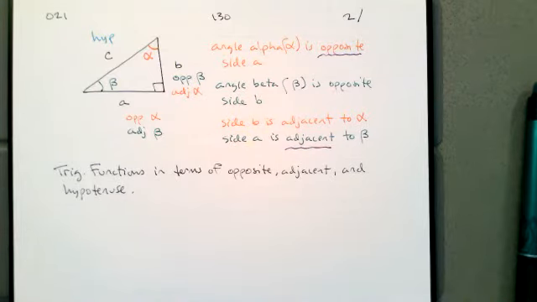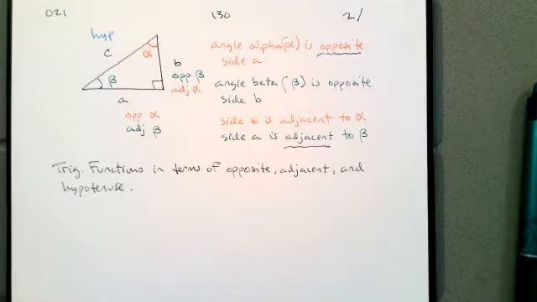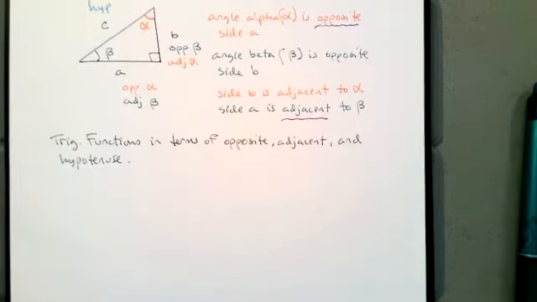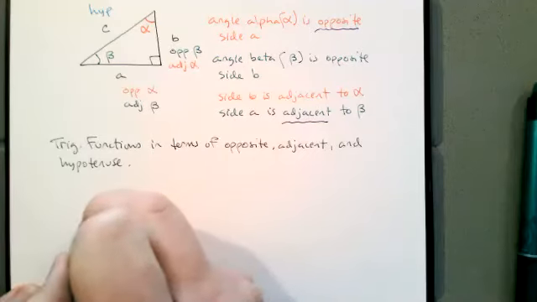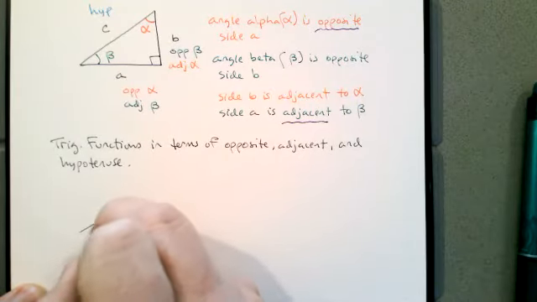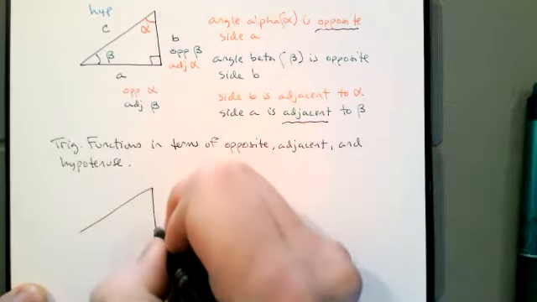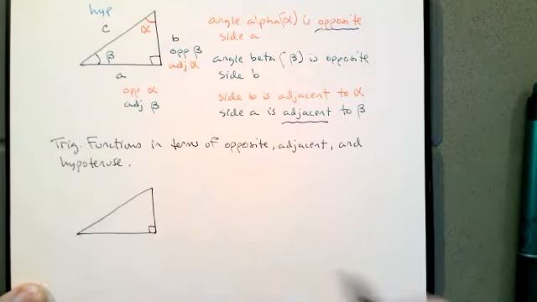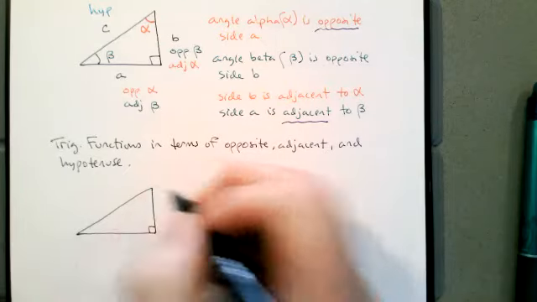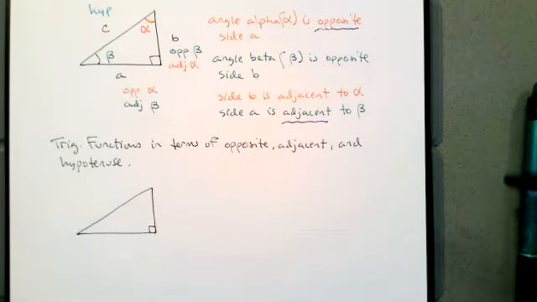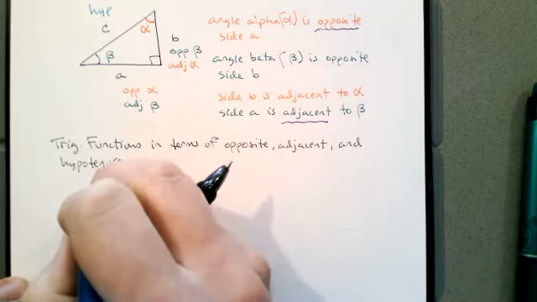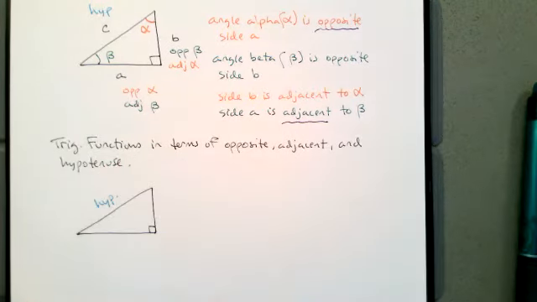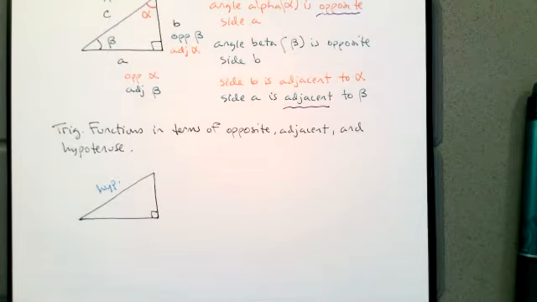So we have one angle that we're going to be focusing on, and we're going to name the opposite and adjacent sides along with the hypotenuse. So in a right triangle, the hypotenuse is always the hypotenuse. No choices there. It's the other sides that we're concerned with.